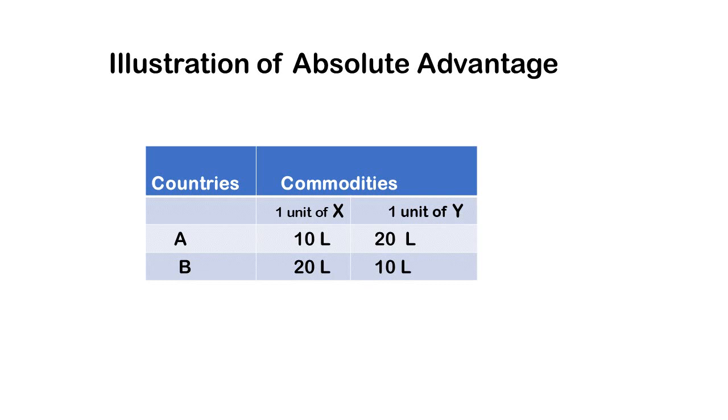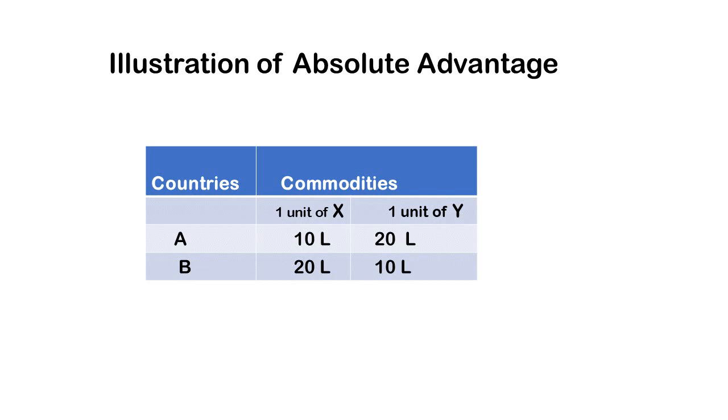So for the production of X, while country A requires 10 units of labor, B requires 20 units of labor. That means A is more efficient in the production of commodity X. That is, A requires only 10 units of labor.